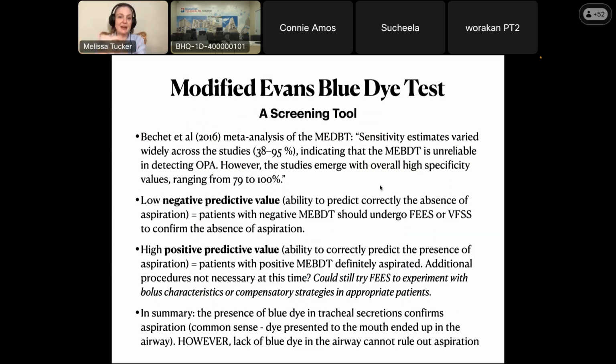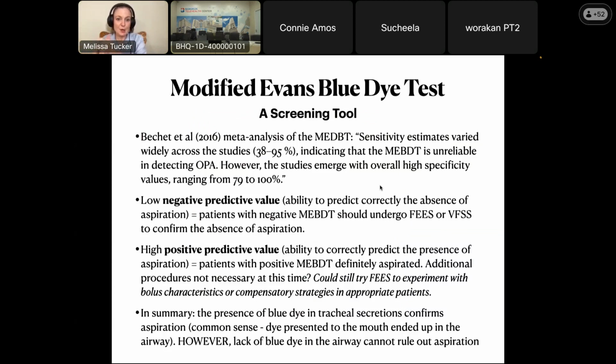This topic has been just researched to death, and the literature is all over the place. Bichette and colleagues did a meta-analysis and found widely varying sensitivity estimates, but the study showed pretty good specificity. So generally, this is not going to detect really trace amounts of aspiration, but it might detect gross amounts of aspiration.